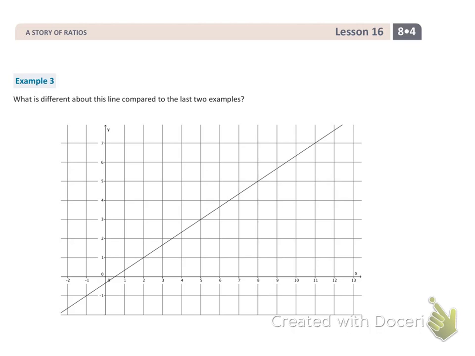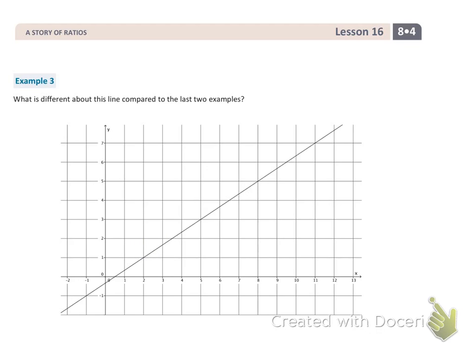Okay, so the thing that's different about this graph is as I look along this line, I'm having trouble finding a point where I can tell the coordinates. If I go over 1 and up, I'm not sure what that value is, so I won't be able to determine the slope m, and that's true wherever I go. When I go over a distance of 1 from a known point, I can't read the value.